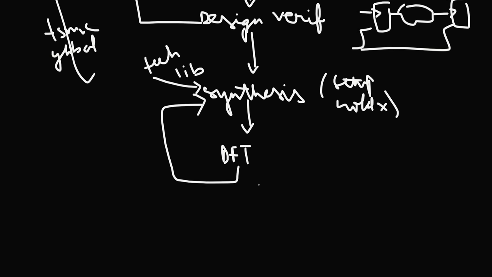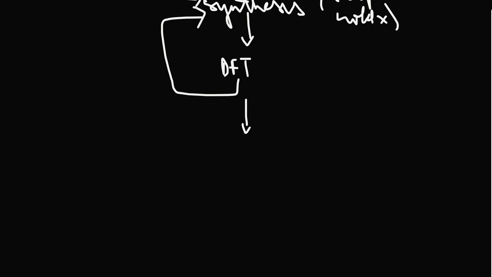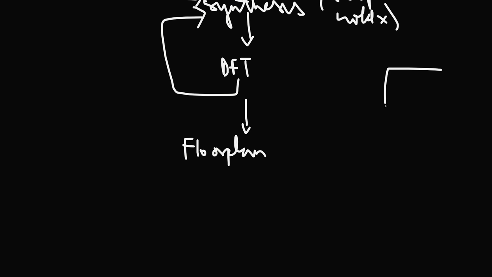Once these two steps are completed, we go into the complete backend flow, which is called the physical design step. The initial step is the floor plan. Floor plan is where we design the actual shape of the chip. How should it be, like a square or a rectangle?